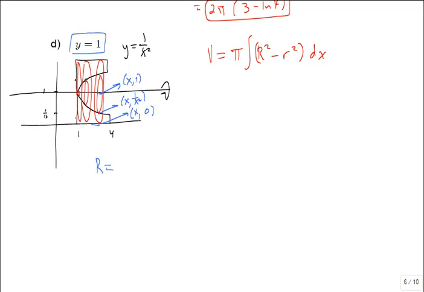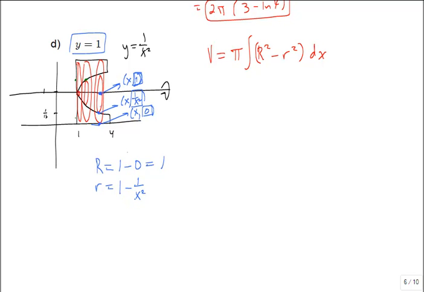So the big R is from the center point on top all the way down to the bottom point, which has a y value of 0. So 1 minus 0 would be 1. The little r is from the center point, which again has a y value of 1, minus this inside point, which has a y value of 1 over x squared.